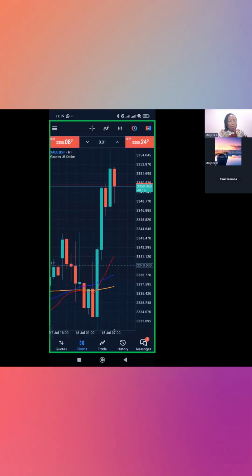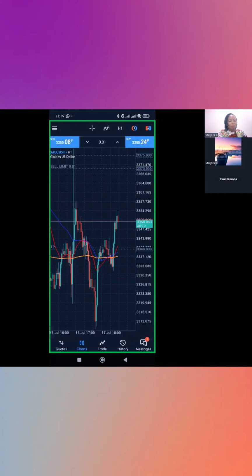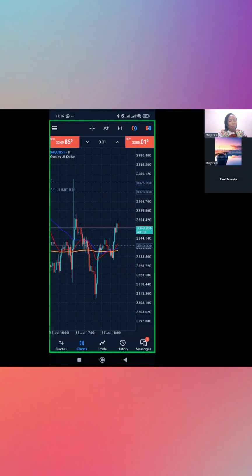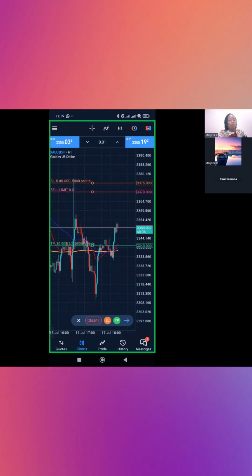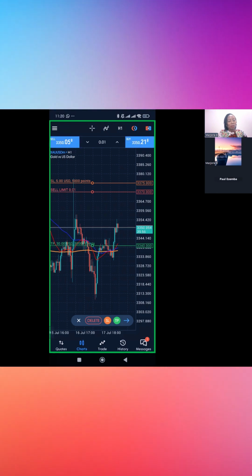One of the things I like about MT5 is that you can go and see exactly the amount you stand to lose on your stop loss and gain on your take profit. If you click on chart and look for that sell limit, when you click on it, it shows you SL $5. 50 pips, that's $5.